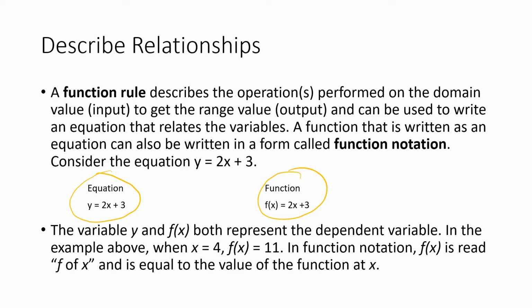What we've done here is we have said the function of x equals 2x plus 3. That's because y is a function of x. So the variable y and f(x) both represent the dependent variable here, in other words, y. In the example above, when x equals 4, f(x) equals 11.